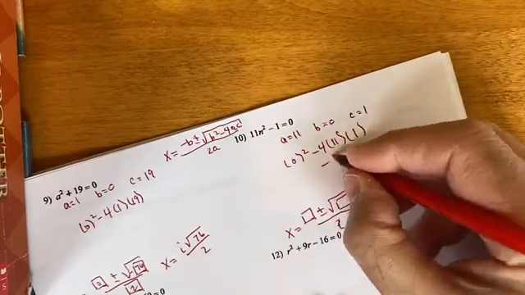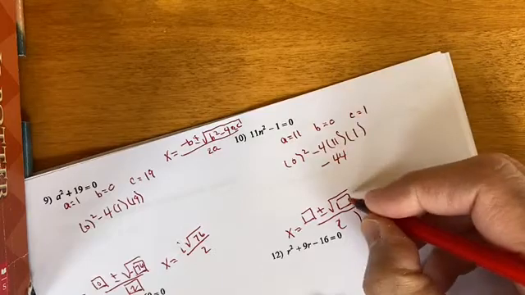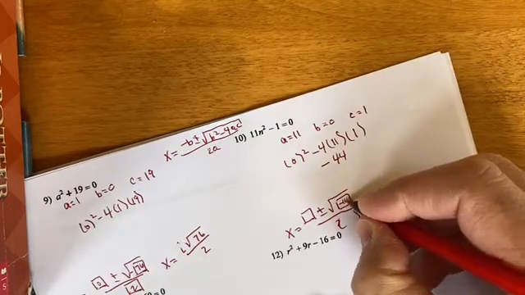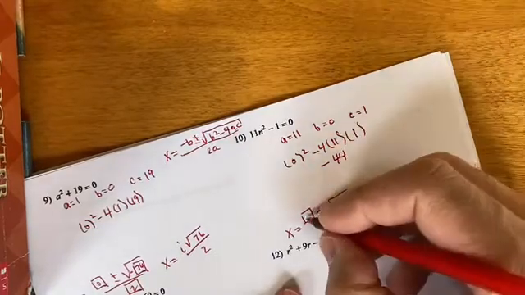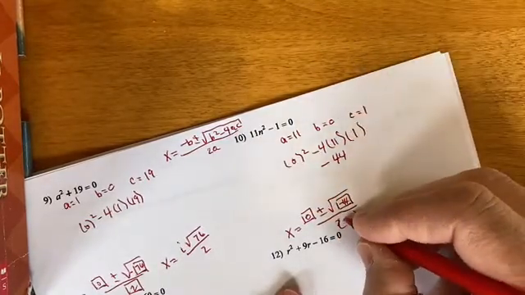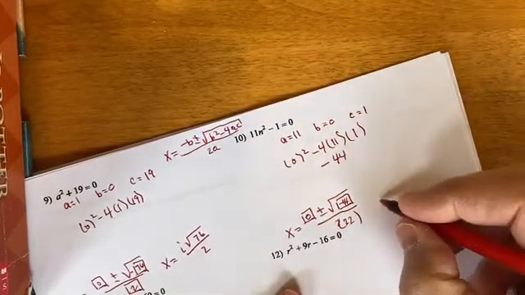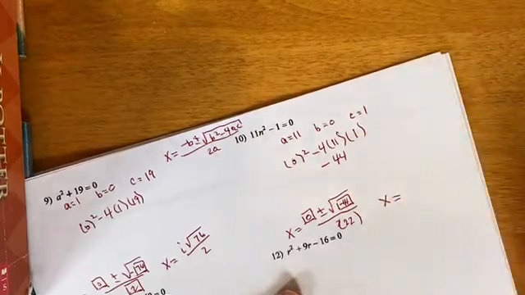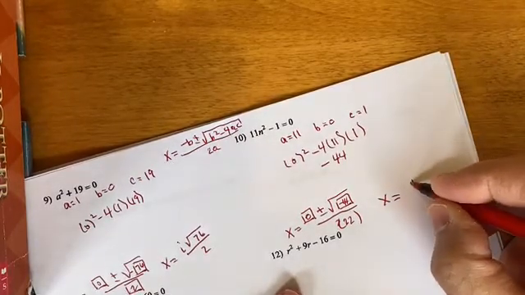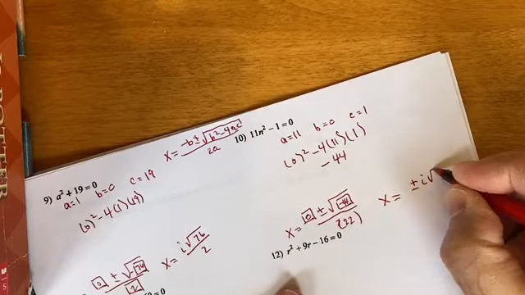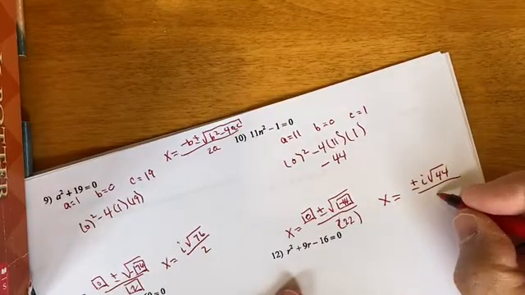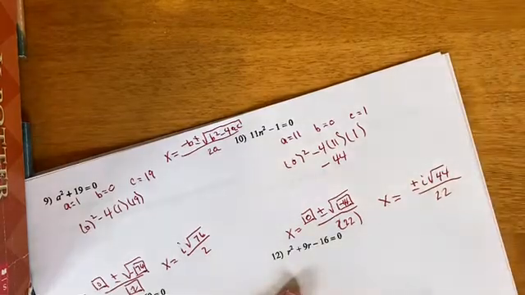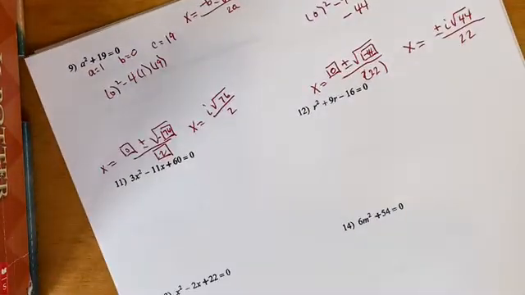So that looks like it's negative 44. That goes in here. Negative b is 0, and 2a is 22. So x is plus or minus i square root of 44 over 22. That's it.